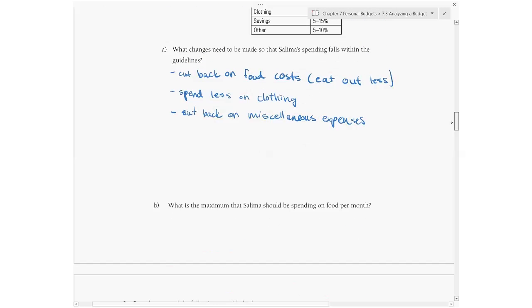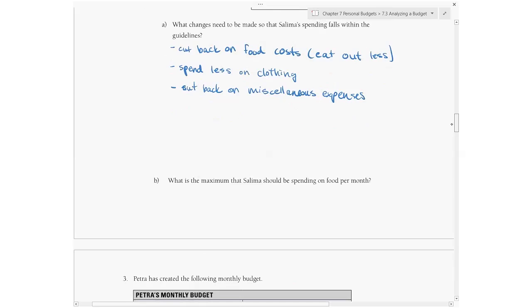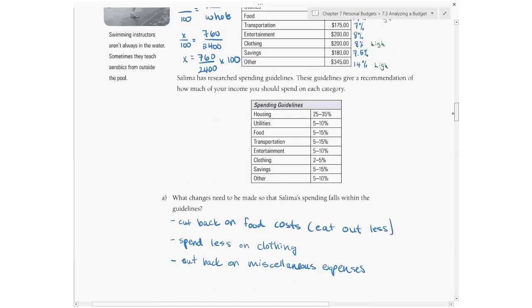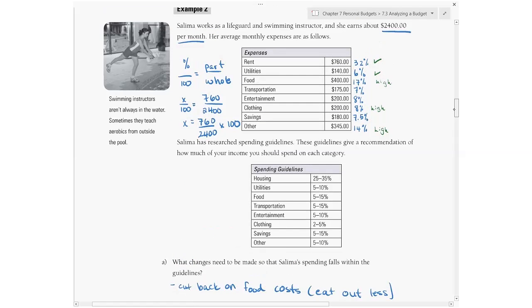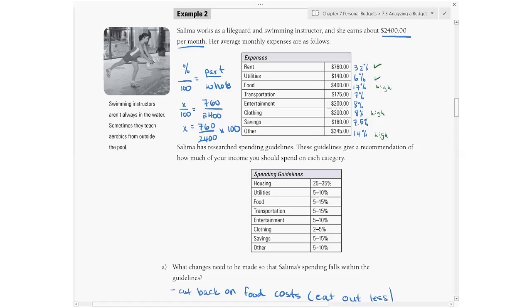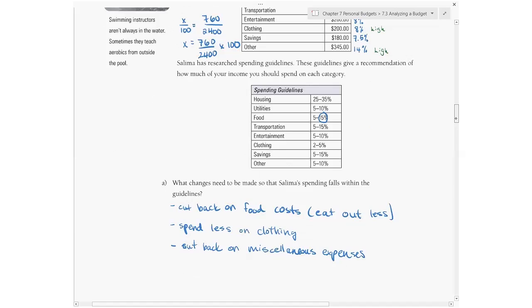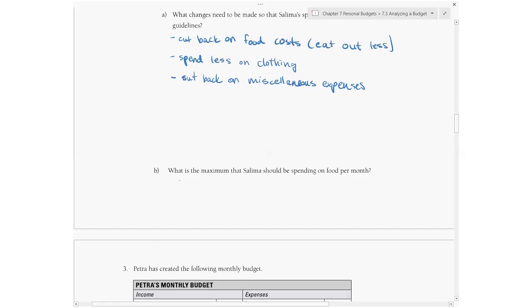What is the maximum Salima should be spending on food per month? Well, we look at this. The maximum would be 15%. So 15% of 2,400. So 15% is how much out of 2,400? Or like I said, maybe you're used to doing 2,400 times 0.15.